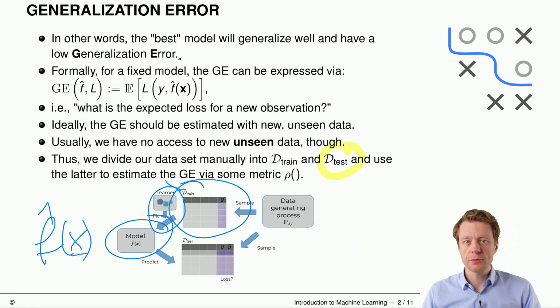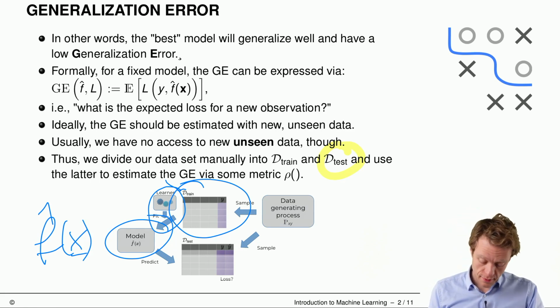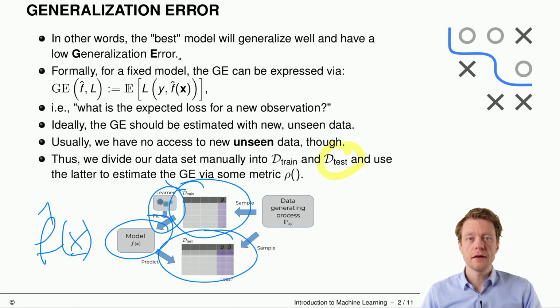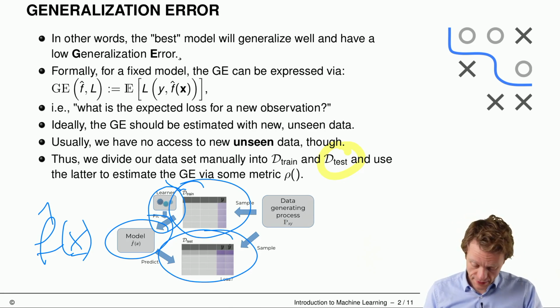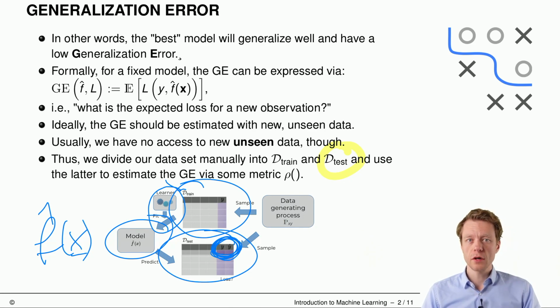That's the output of the empirical risk minimization, for example. Then we use this trained fixed model, feed in the new test data, and compare y and y hat, for example. So we compare the prediction of the model and the true values with some metric.